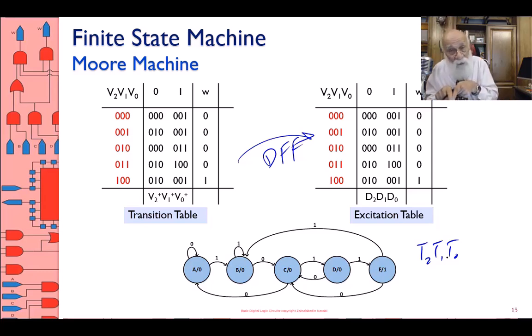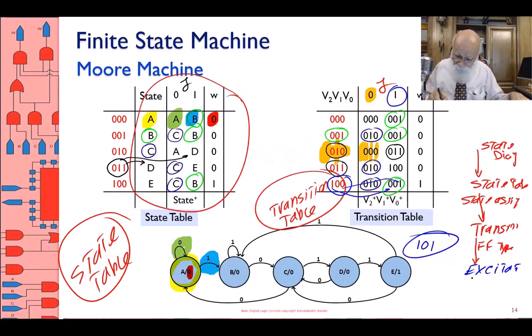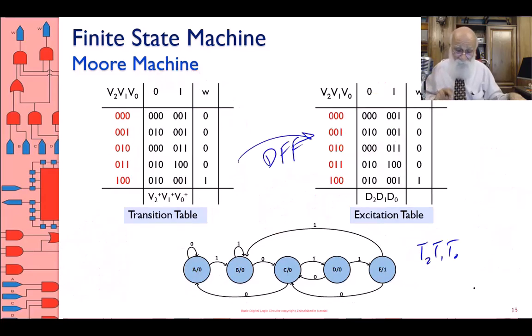The excitation table would be different, which is not that difficult. But you would still have a combinational circuit. So the next step is coming up with the excitation table, after you decide the type of flip-flop.